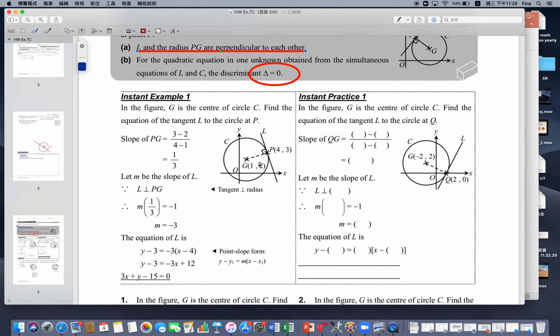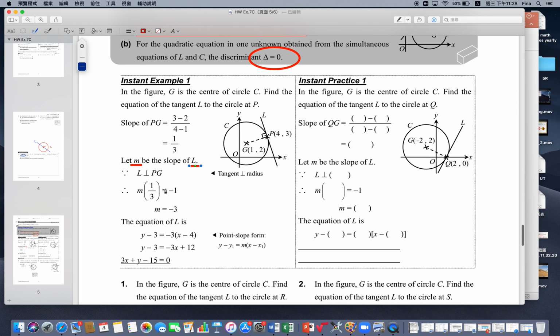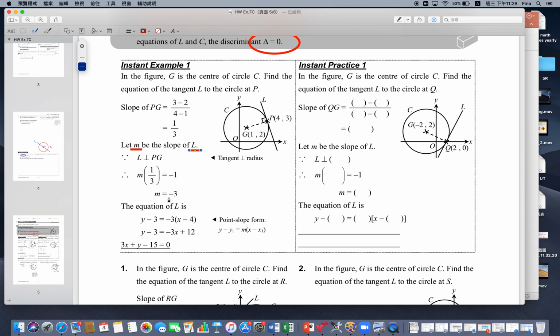Because they are perpendicular to each other, their slopes multiplied together equal -1. Let m be the slope of L. Then slope of L times slope of PG, which is 1/3, I found it before, is equal to -1, and then I find the slope of L is equal to -3.